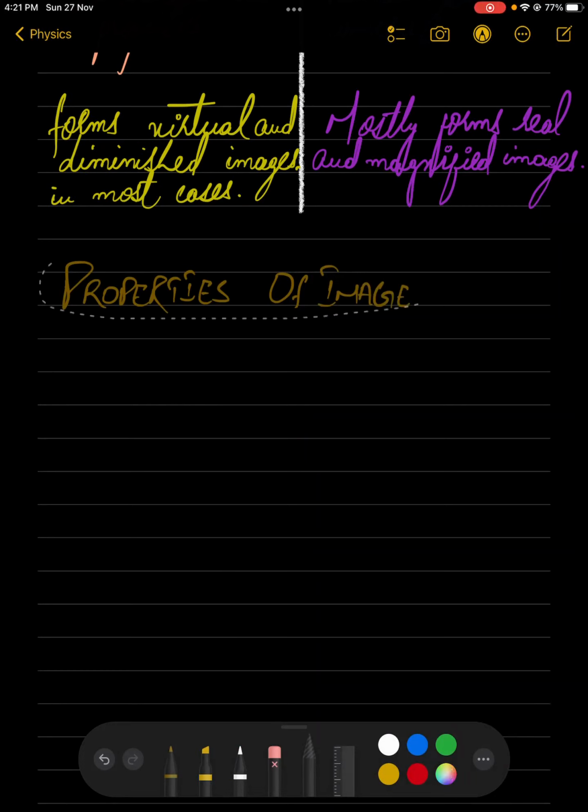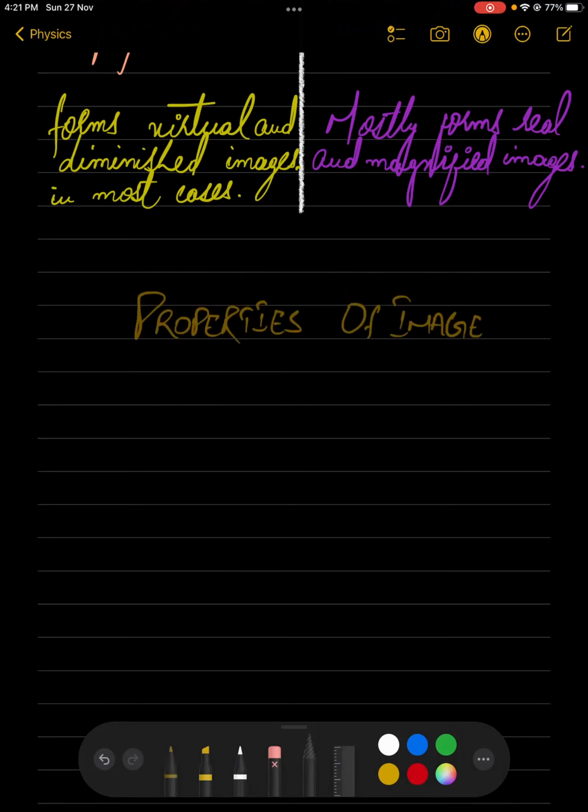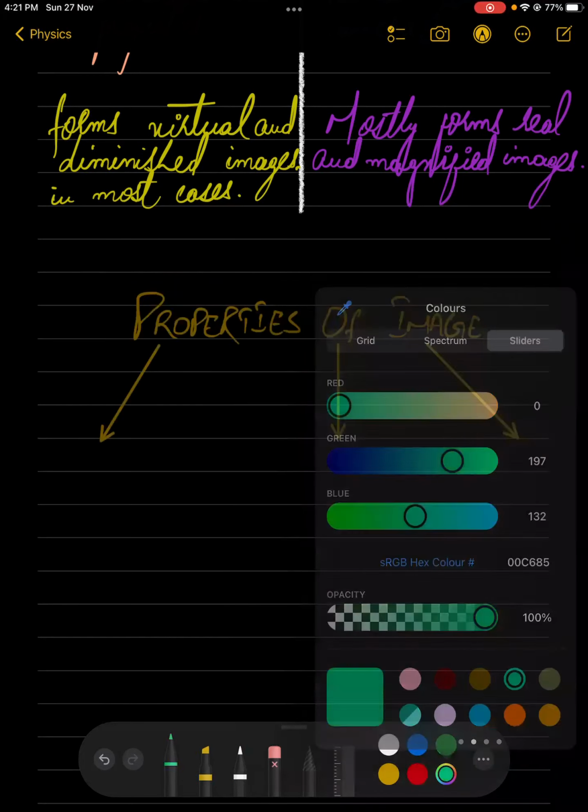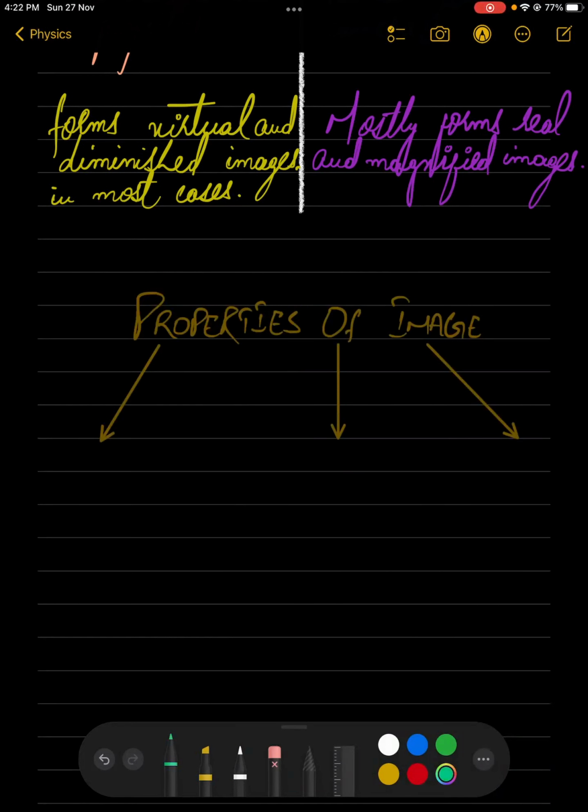So properties of image are basically dependent on the image formed by the lens. तो हमारे पास in total तीन प्रॉपर्टीज हैं जिनको हम कंसीडर करते हुए चलते हैं. The first property is that the image would be real or virtual.